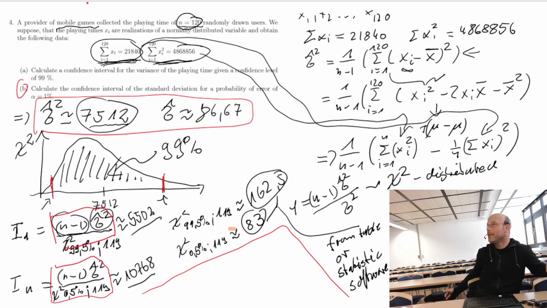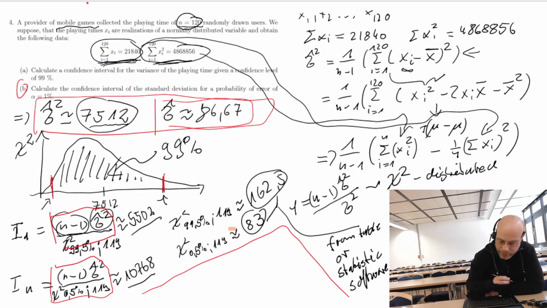You just know that the standard deviation is the root of the variance, and you look into the question and you have an alpha level of 1%, and this of course translates into a confidence level of 99%.